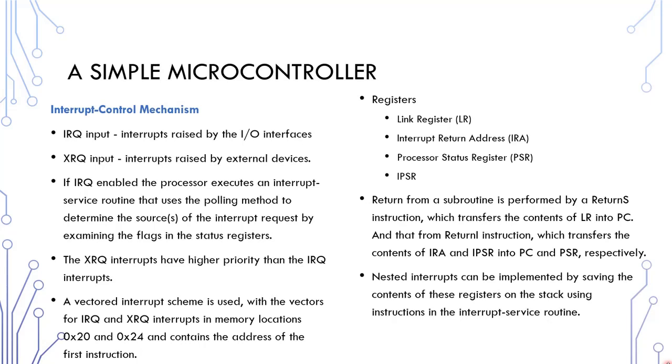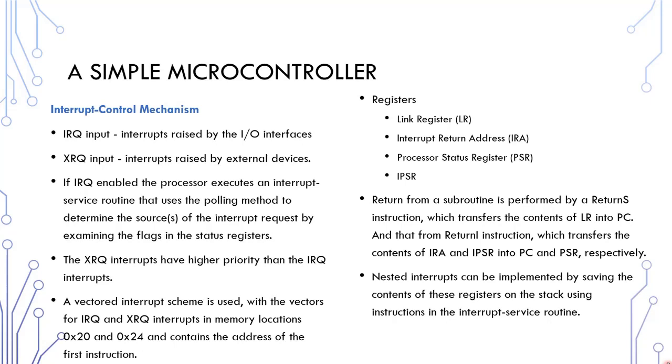The processor has a link register LR which is used for subroutine linkage. A subroutine call instruction causes the updated contents of the program counter, which is the return address, to be stored in the LR prior to branching to the first instruction in the subroutine.